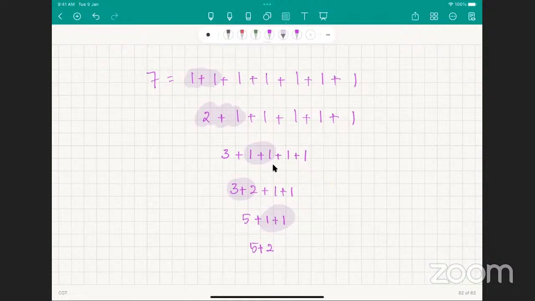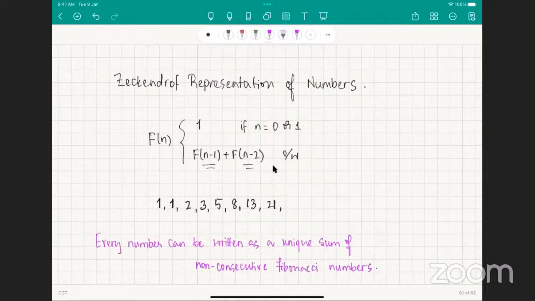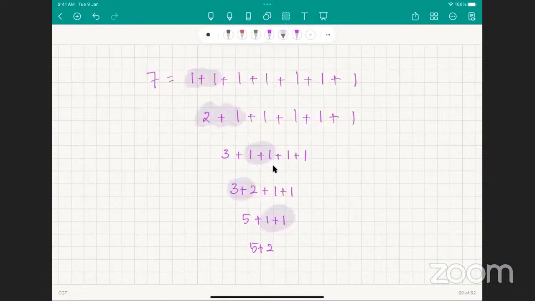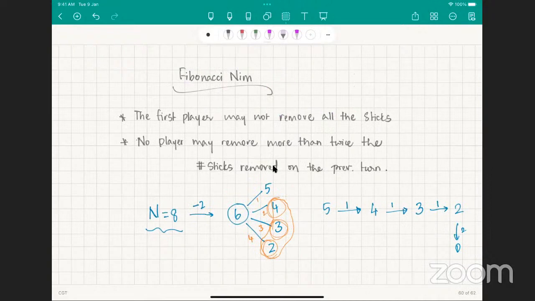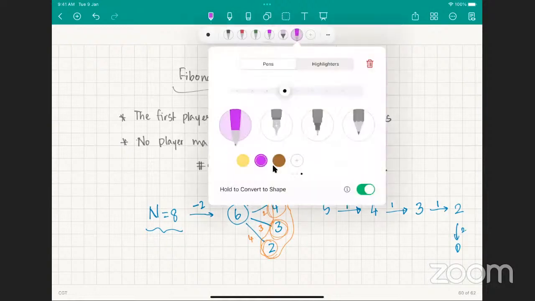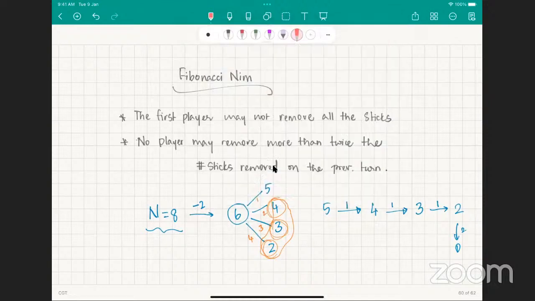So I think the next thing that I wanted to do is use this representation as a tool to talk about which positions are the P positions in Fibonacci nim. Well, it turns out that the P positions are the ones... So let me write this out, and maybe it's useful for some solo brainstorming or brainstorming with friends later in the day, and we'll come back and argue this when we meet next.